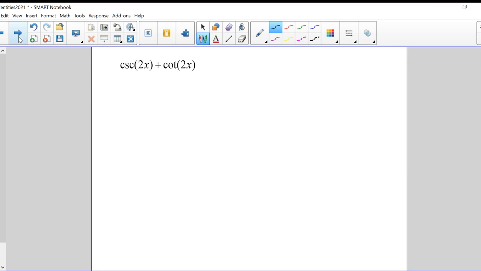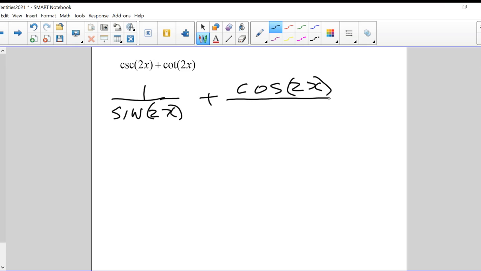So I'm going to start off by saying that cosecant is 1 over sine of 2x plus cotangent of x is the same thing as the cosine of 2x over the sine of 2x. Notice that it's 2x because the original thing was a 2x. So if it's a cotangent of this, then it's the cosine of that over the sine of that same thing.